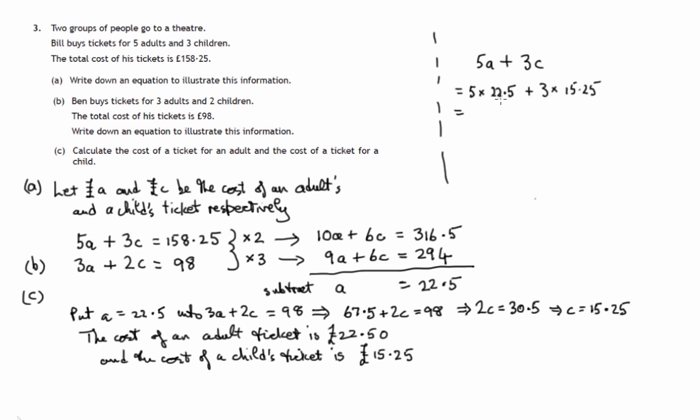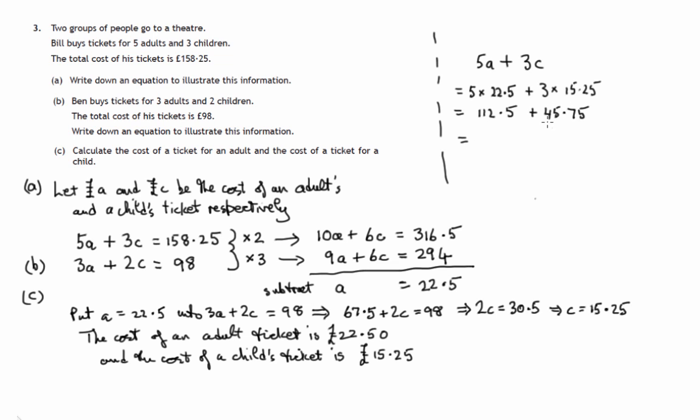Now 5 twos are 10, it's 110, 5 times 0.5 is 2.5, that's 112.5 for that. And then 3 lots of 15.25 would be, what, 45.75, 45.75.